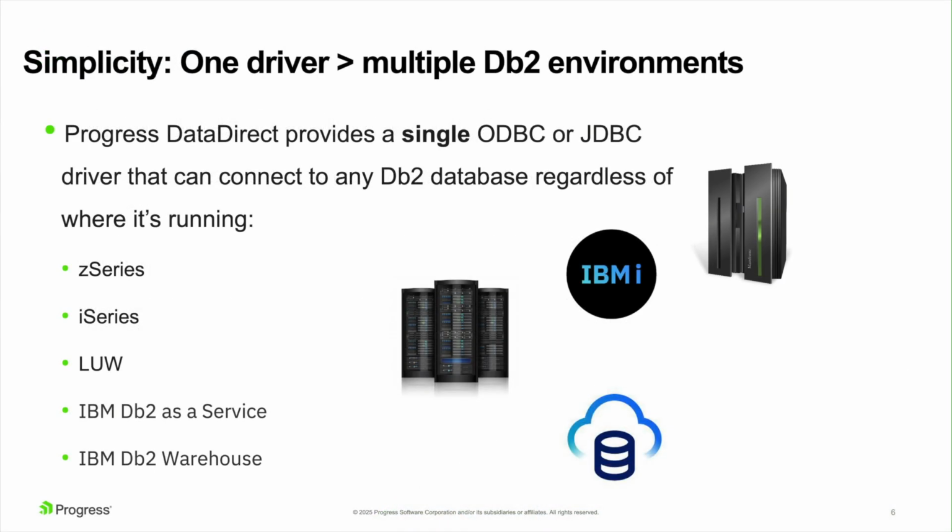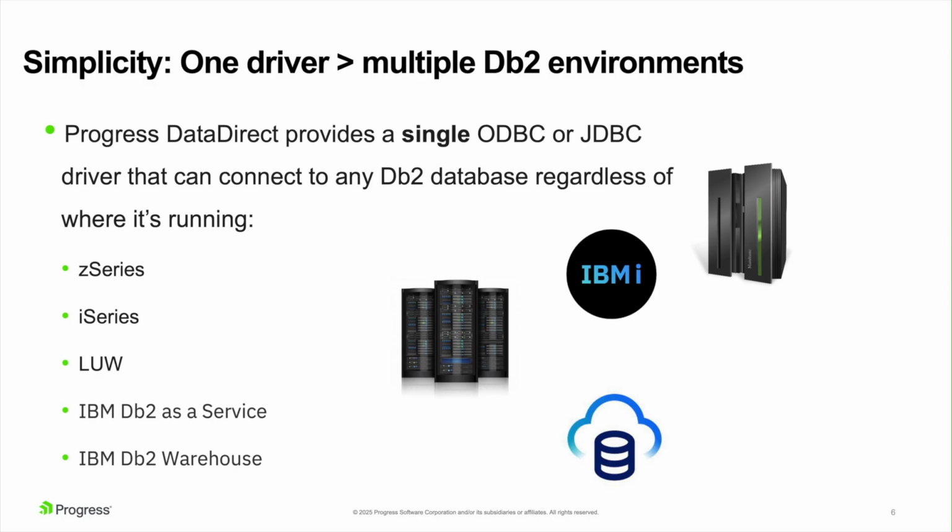But today we're going to focus primarily on DB2 and talk about how the Progress DataDirect DB2 driver can help simplify your connectivity and also potentially reduce the cost of connectivity by using our drivers.